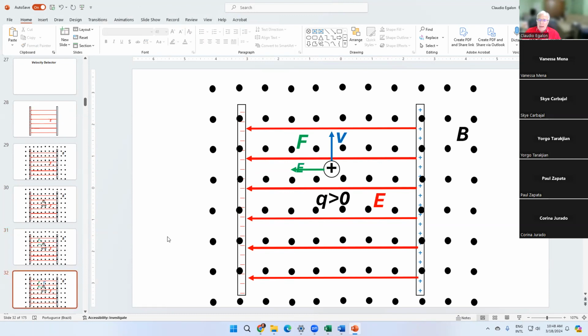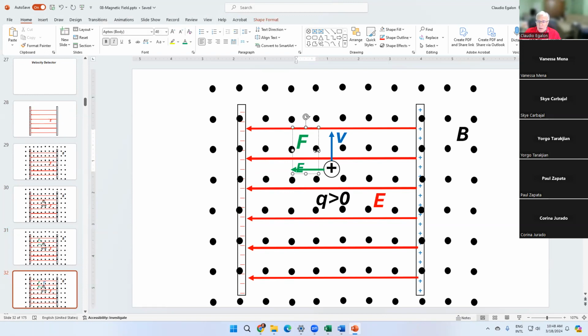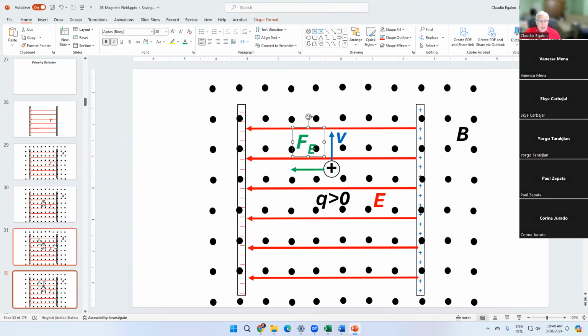If the charge is at rest, there is no magnetic force, just the electric force. And the charge will be attracted to the negative plate of the battery. But if we give a velocity vector perpendicular to both the electric and magnetic field, we are going to have a magnetic force as well.